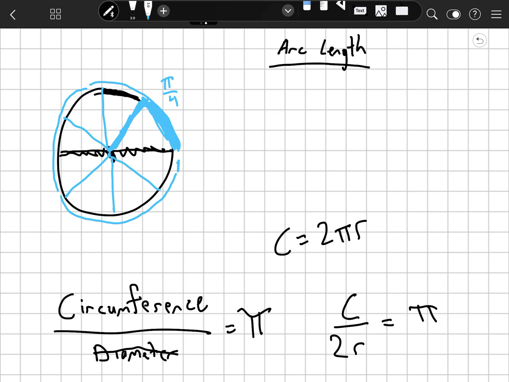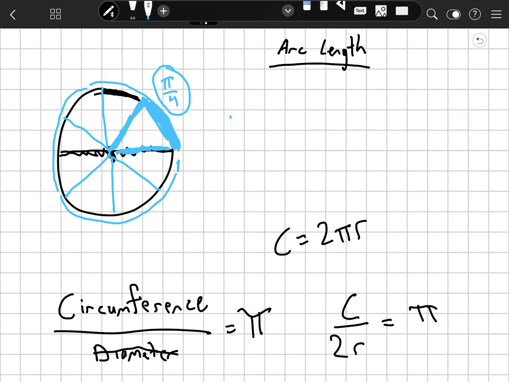And so if we're looking for this length right here, all we need to do is think of it as a portion of 2 pi. It's 1/8 of 2 pi. And then we just need to check out the distance of the radius.